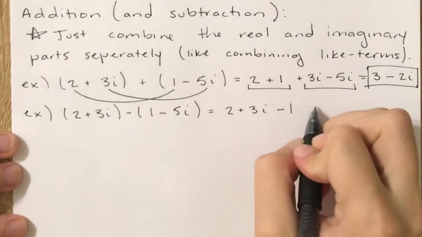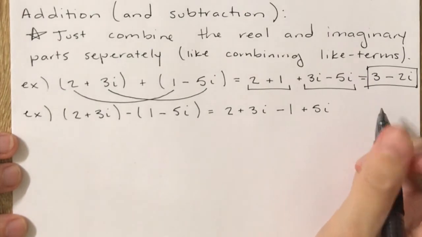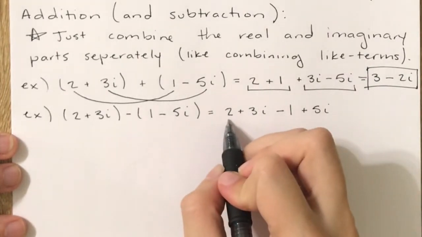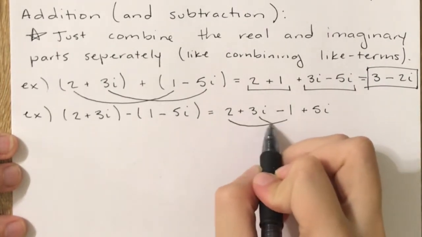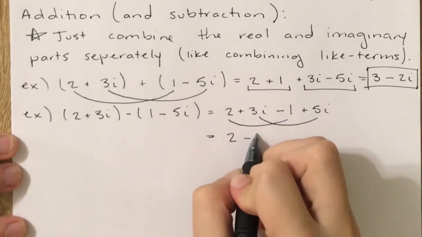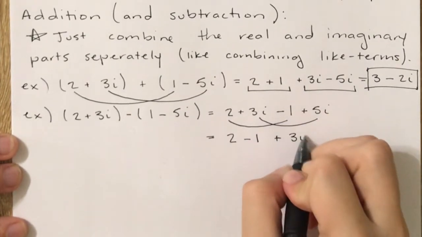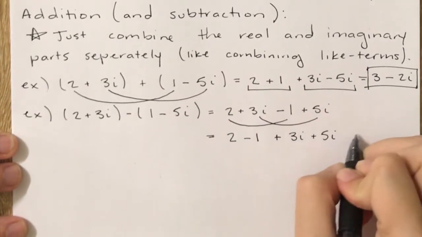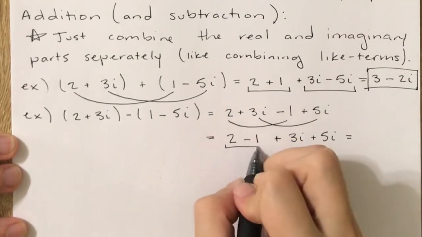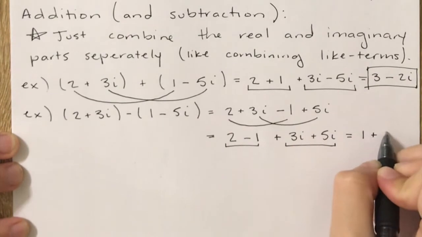We end up with negative 1 plus 5i. We again combine the like terms. So we have 2 minus 1 plus 3i plus 5i. We add these guys, and we end up with 1 plus 8i.